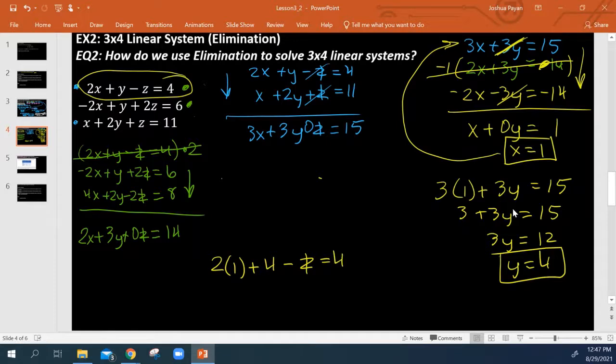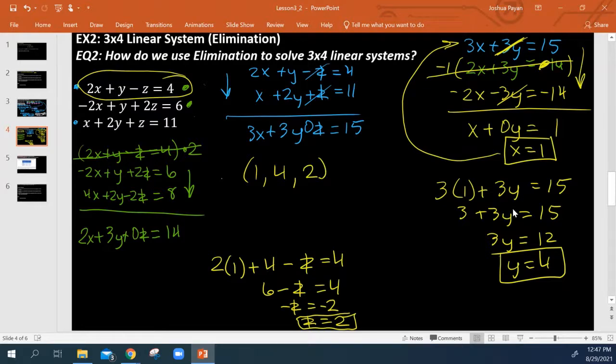So that's just 2 plus 4 is 6 minus z equals 4. Subtract 6 from both sides. Negative z equals negative 2. Z, therefore, is positive 2. So my solution set is 1, 4, 2.